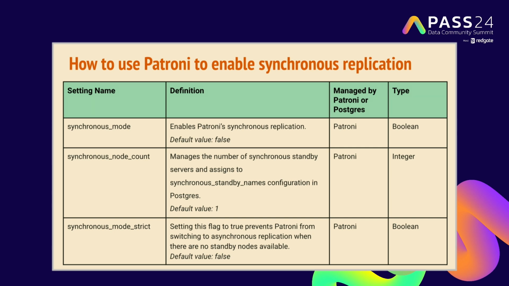In case of synchronous mode strict, setting this flag to true or false will prevent or allow Patroni to switch to asynchronous replication when there are no healthy standbys available. By default, it's set to false, so when there are no healthy standbys available, Patroni will switch to asynchronous replication.